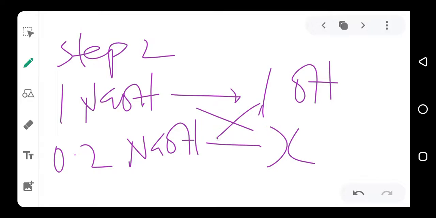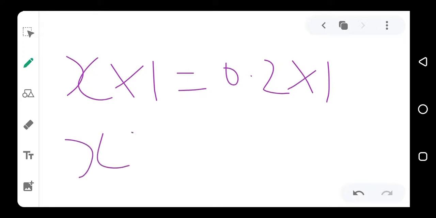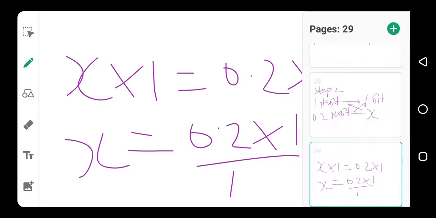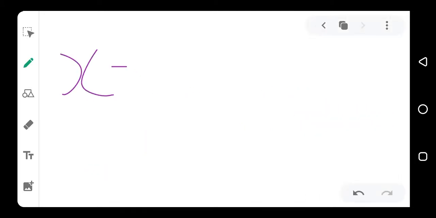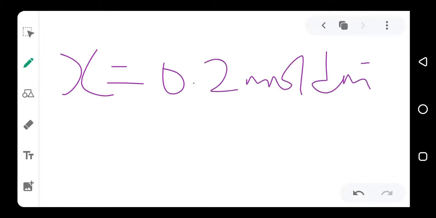If we do cross multiplication, we have that X times 1 is equal to 0.2 times 1, and our X is equal to 0.2 times 1 divided by 1, and we have that our X is equal to 0.2 mole per dm cube, the same thing we calculated before.